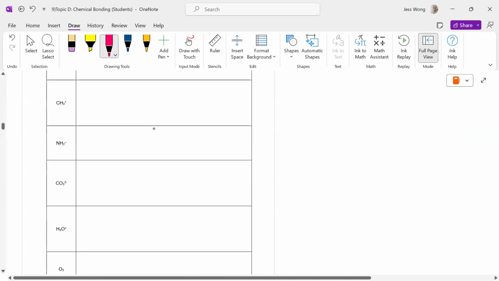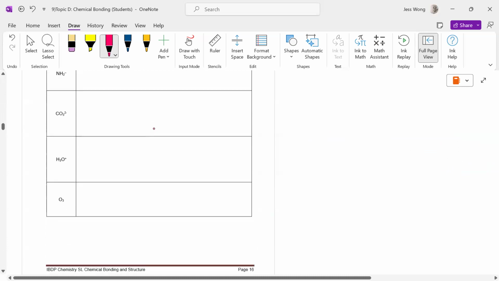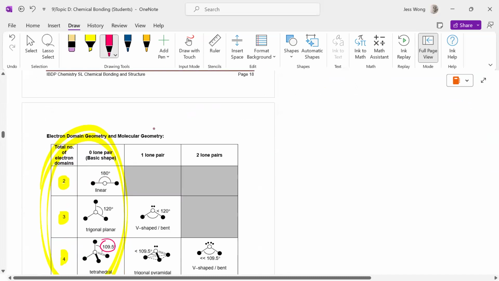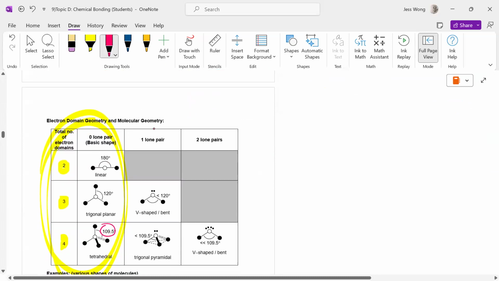Maybe I look at this shape. If we have a shape which has 3 electron domains, for example, BCl3.